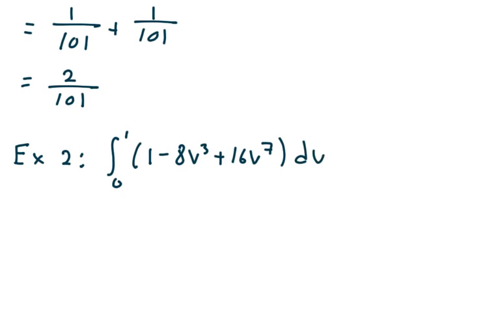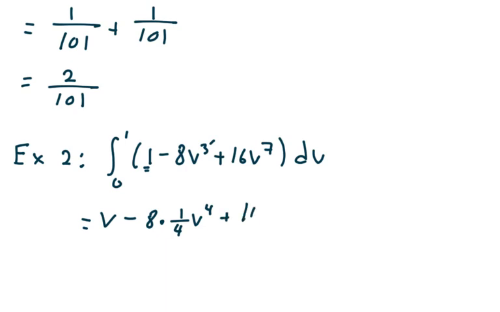So we're going to take each term at a time. So the antiderivative of 1 is going to be v. That's the function whose derivative is 1. Minus 8 times 1/4 v to the 4th. So I add 1 to 3 and then divide.